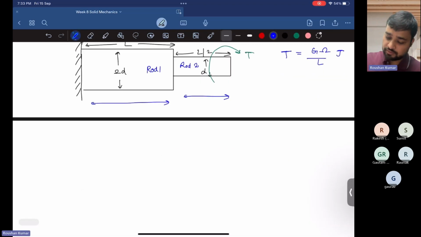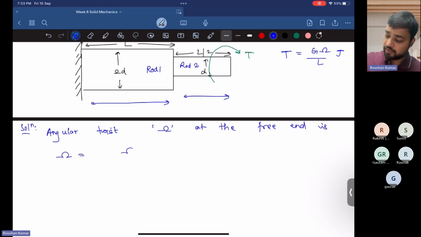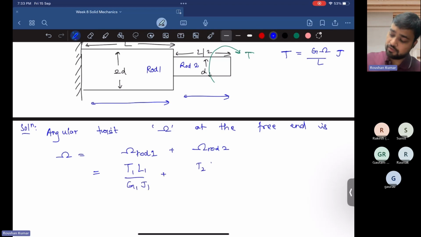So we can say that the angular twist omega at the free end is given by omega of rod 1 plus omega due to rod 2, which is T1 L1 upon G1 J1 plus T2 L2 upon G2 J2.